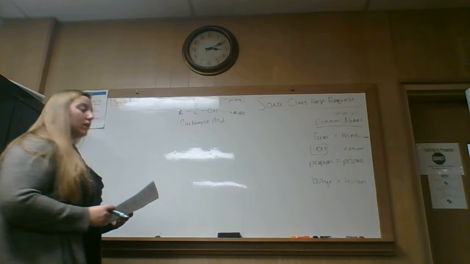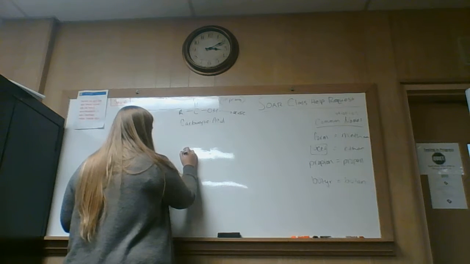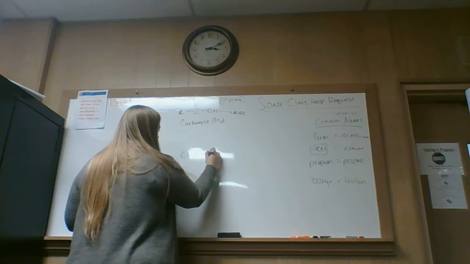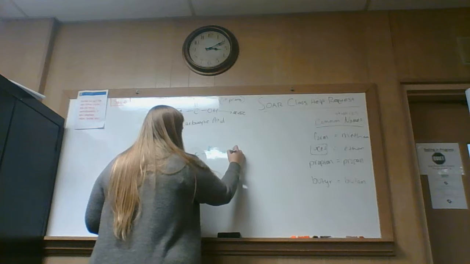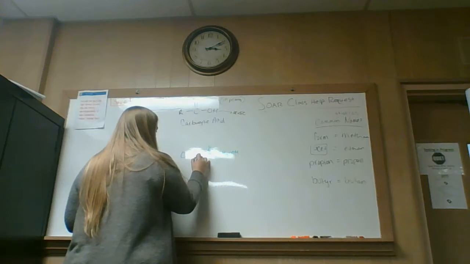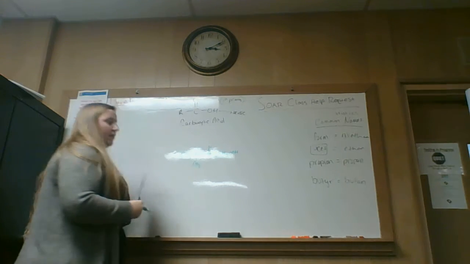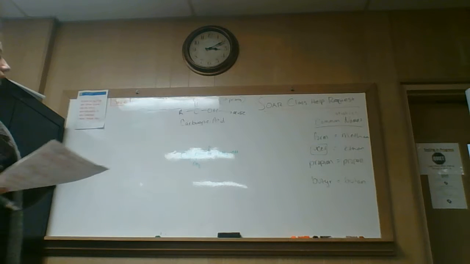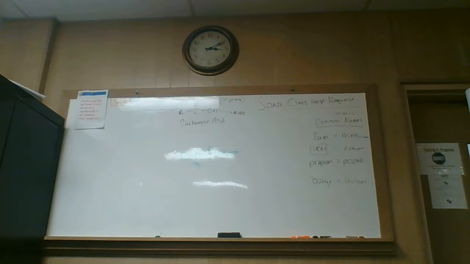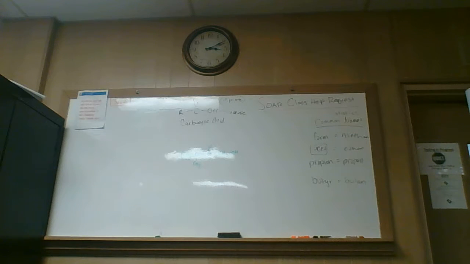So for example, if we had something like this, where you have multiple different functional groups in the same molecule, when you're going to number them, you want to make sure you know which one takes highest priority because you want to make sure that one has the lowest number.